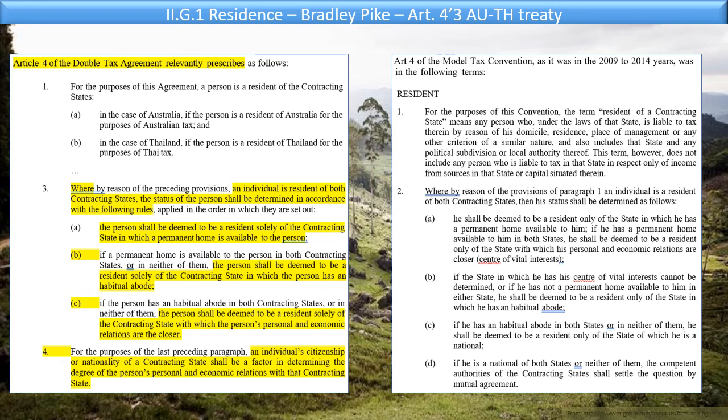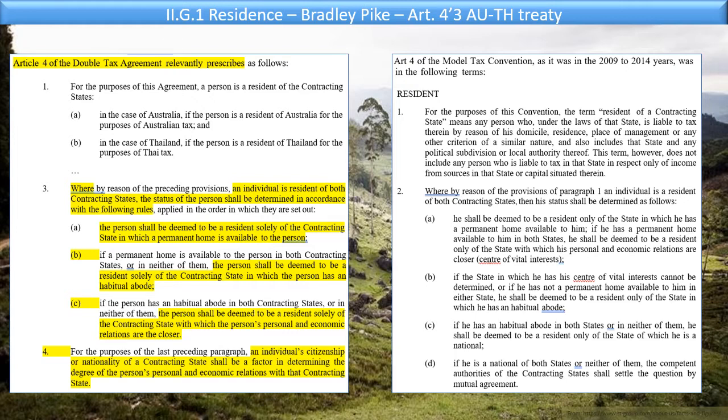Now, before we look at the judge's decision, let's quickly compare Article 4.3 of the Australia-Thailand Treaty on the left to the OECD Model Convention as it was between 2009 and 2014, as represented in the judgment.